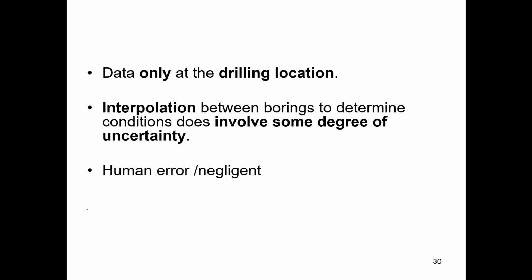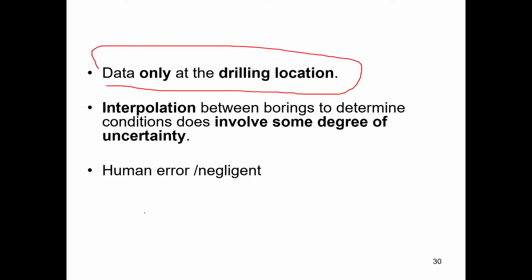Now we know this is the limitation of the borehole: the data is only at the drilling point. Let's say you have a 30-kilometer road, that point only represents that specific location. So you have to do interpolation between the boreholes.